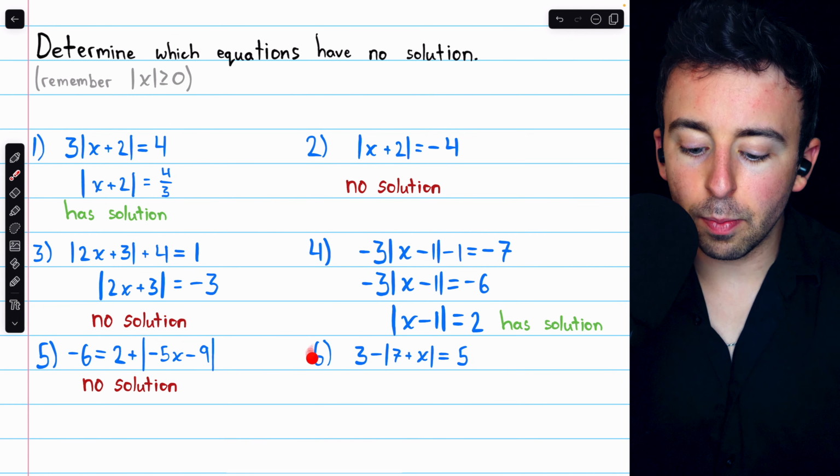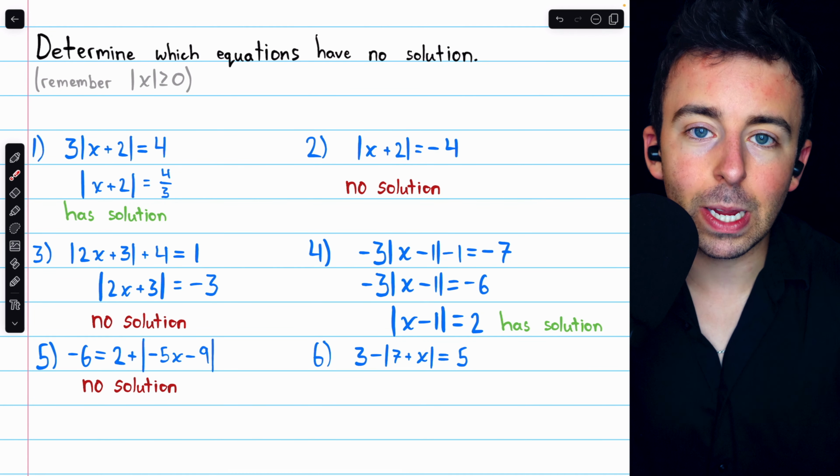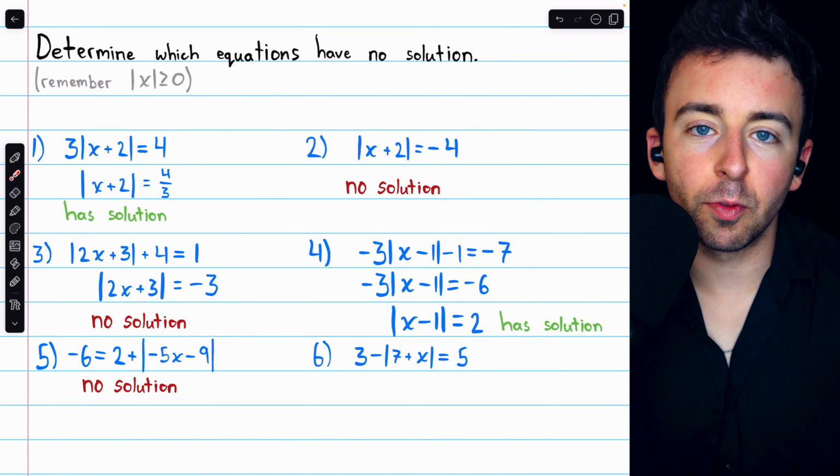Moving on to the final problem, equation 6, 3 minus this absolute value expression equals positive 5. We could also just think through this equation. 5 is bigger than 3. So in order for 3 minus this to be positive 5, this, the absolute value expression, would have to be negative, so that when we subtract it, we're actually adding to 3 to get to that bigger number of 5.